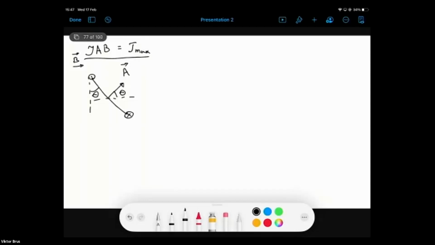So we have the same forces, F2, F3, F4, acting on these parts of the loop.